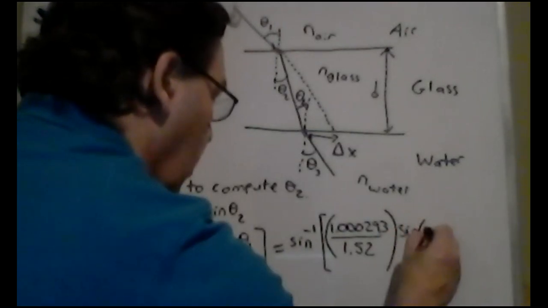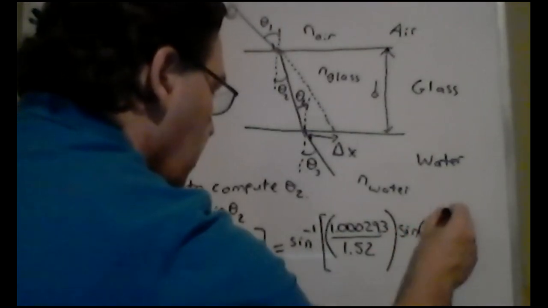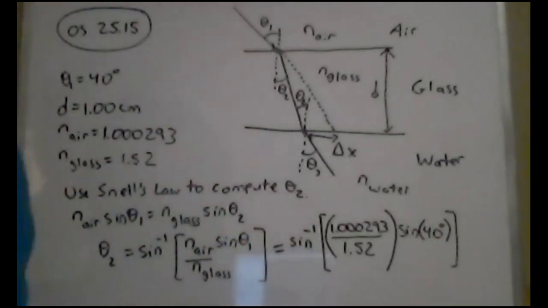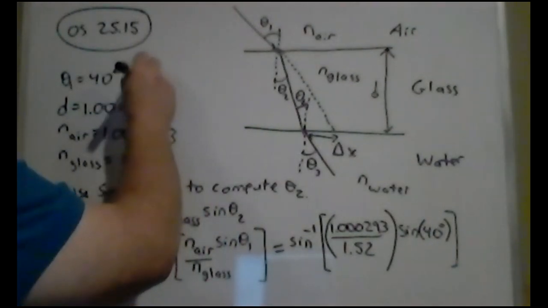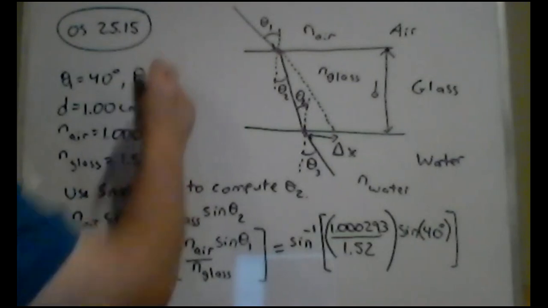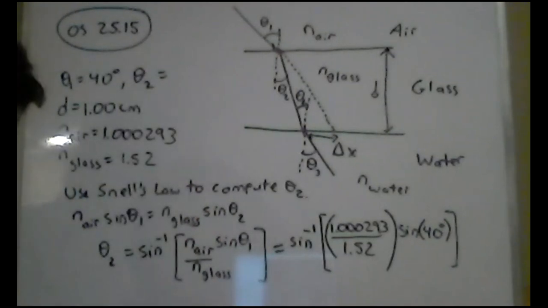That's the incident angle. When I do that calculation, I find out that theta 2 is 25 degrees.